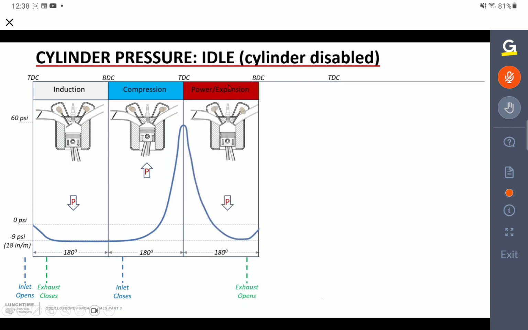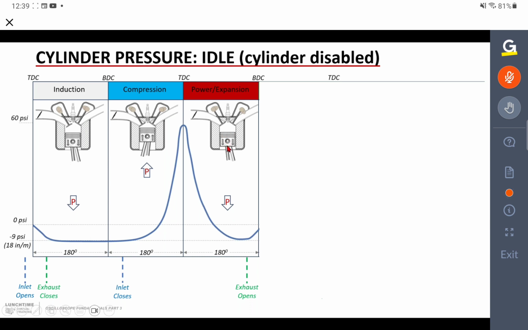Now we've got what we're going to call a power or expansion stroke. We're not producing any power because again, the cylinder is disabled. But the moment we reach top dead center, we reach our peak pressure, our 60, 70, 80, 90 psi when the engine is idling. The piston then comes down on what would have been the power stroke, but we're now going to call it an expansion stroke because we've compressed the air up to the peak pressure, and now the piston is coming down.